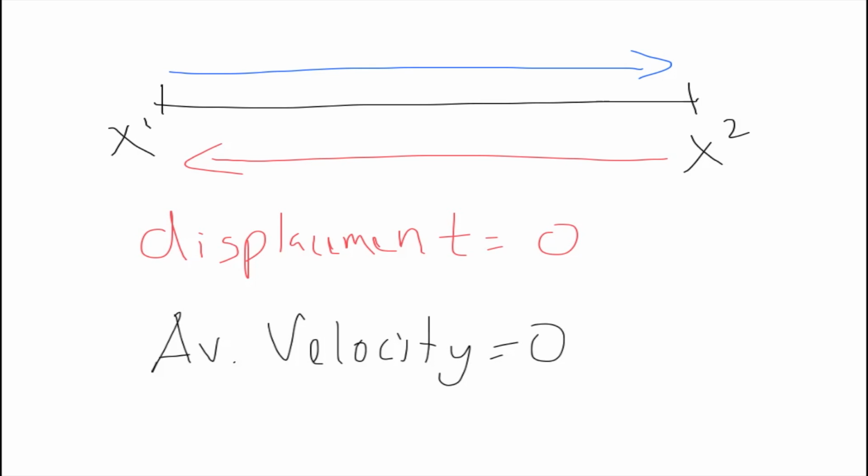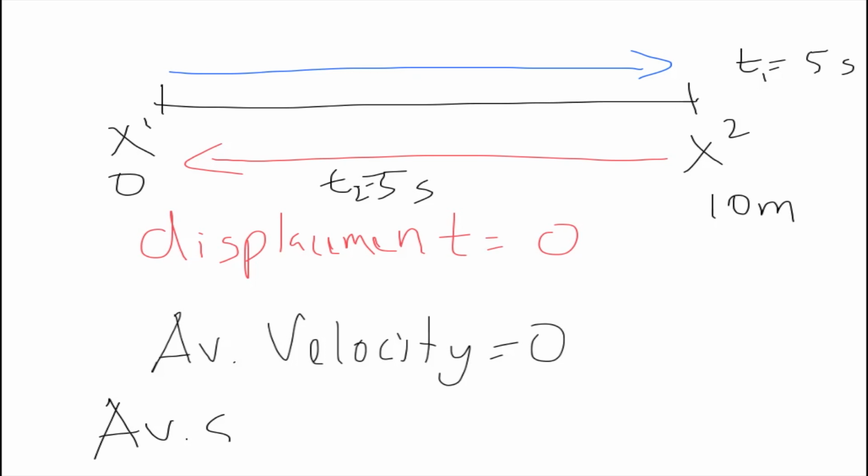On the other hand, let's try and get our speed, so the average speed. I will say that x1 is 0 and x2 is 10 meters. And let's also say that from x1 to x2 it took 5 seconds, and from x2 to x1 again it took 5 seconds. So this is our time 1 or time 2, and we want the average speed, which is going to use, in this case, the total distance.